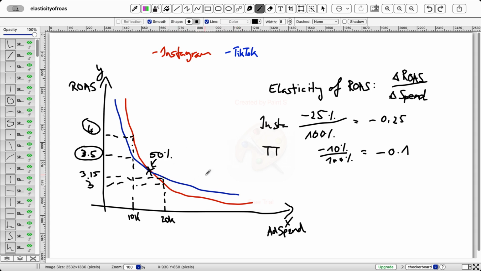And there's a part to this video that I will share soon as well, where you can actually calculate this point. But just from a first glance, I guess this gives you a really good understanding of spending money into Instagram or TikTok or whatever channel it is. It always has to be taken with a grain of salt. And one more thing that I want to say is, you can apply this rule not only on channels, but also to campaigns within a channel.